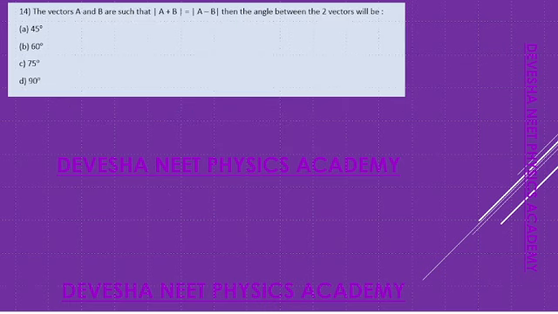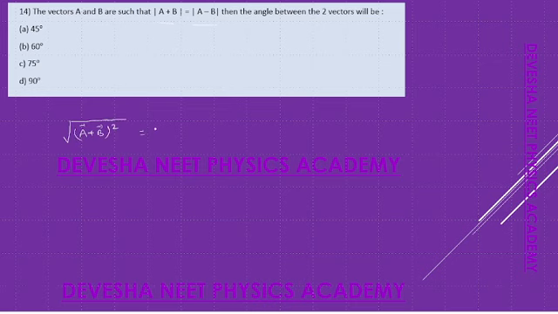The vectors a and b are such that the modulus of a plus b is equal to the modulus of a minus b. So how do you find the value of a plus b? We need to take the whole square of this.